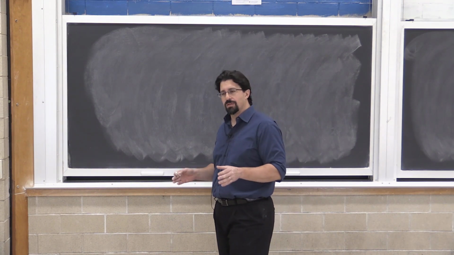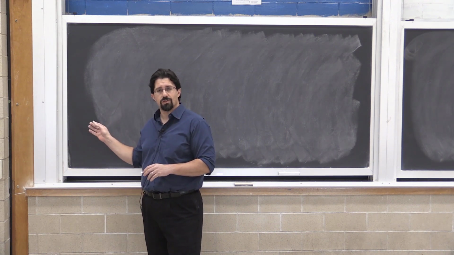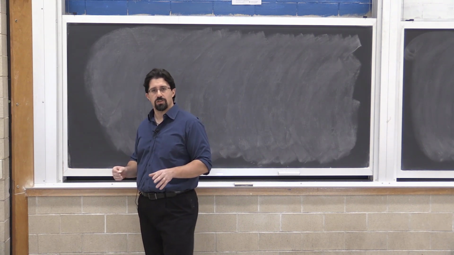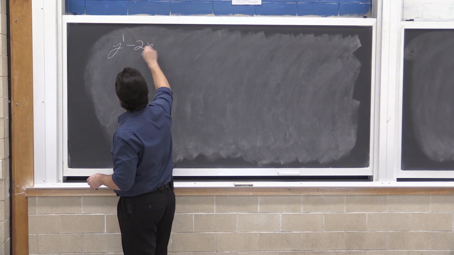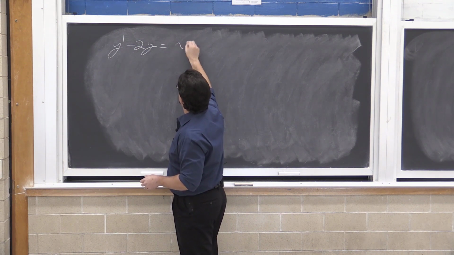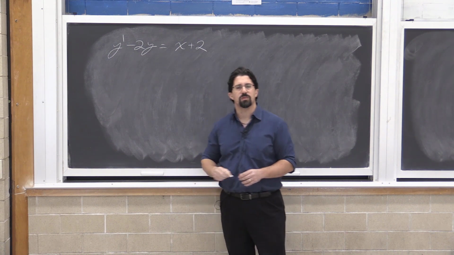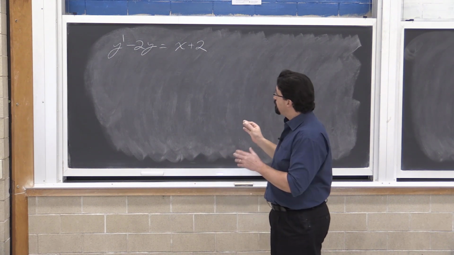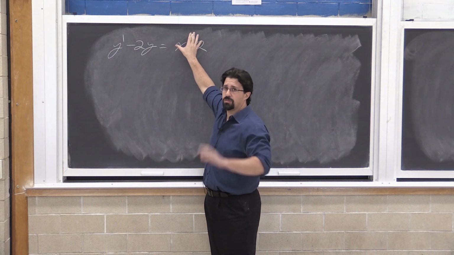The concept of undetermined coefficients is what happens when we're trying to solve a differential equation that is non-homogeneous. So let's say we had y prime minus 2y is equal to x minus 2. Well, let's make it plus 2, make it a little bit more interesting. All right, y prime minus 2y, if that was equal to 0, I can solve it.